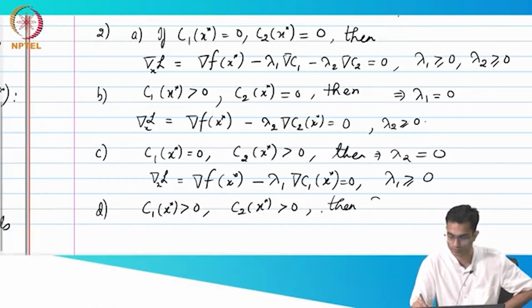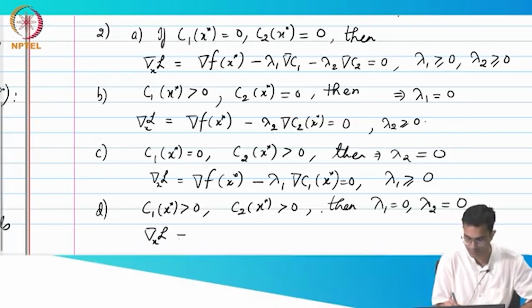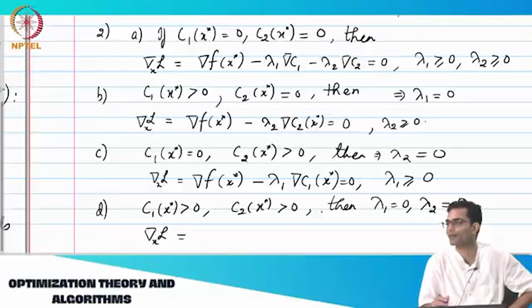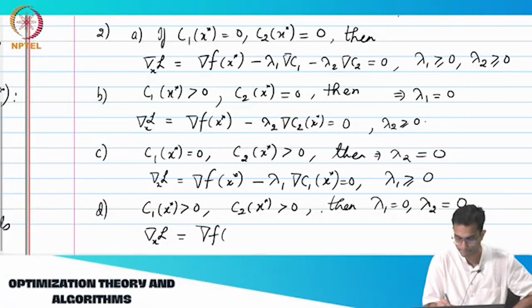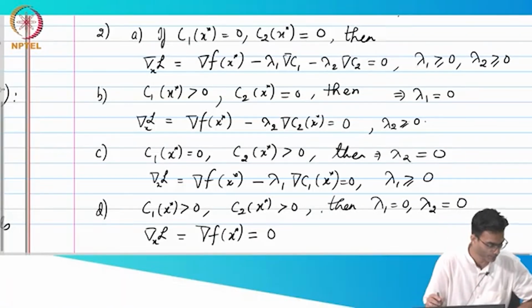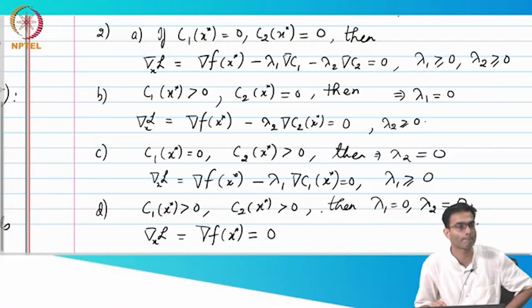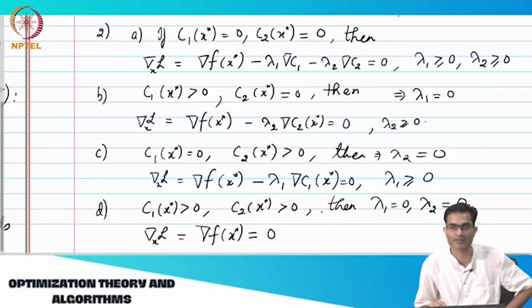Both have to be 0. Lambda 1 equal to 0, lambda 2 equal to 0. Gradient of Lagrangian will simply become grad f star equal to 0. Anything else? No, right? So that's it.